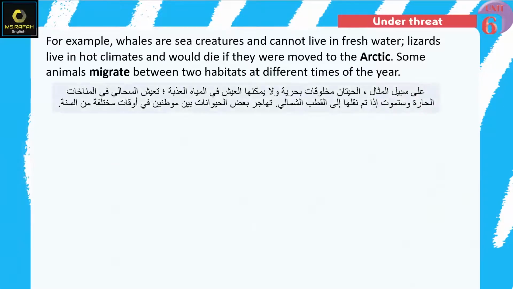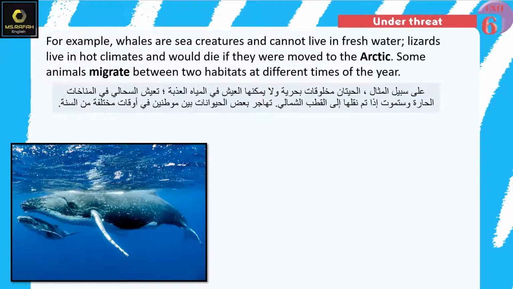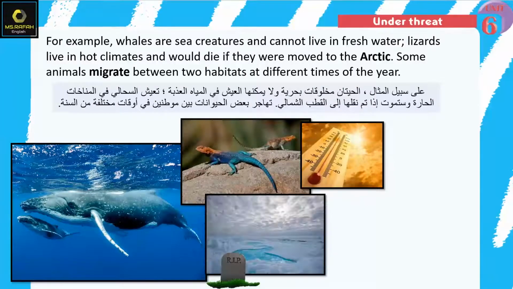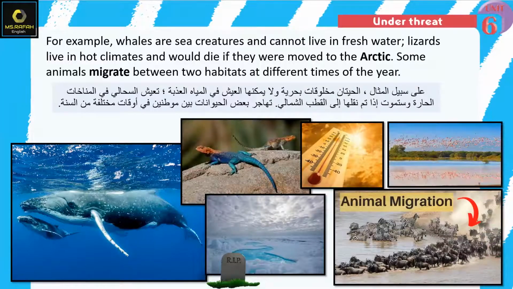For example, whales are sea creatures and can't live in fresh water. Lizards live in hot climates and would die if they were moved to the Arctic. Some animals migrate between two habitats at different times of the year.